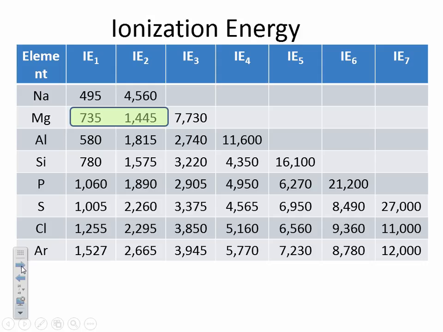So the total amount of energy that's needed to remove 2 electrons is actually 735 plus 1,445. I'm assuming this is in kilojoules per mole, which is going to be 2,180. I'm assuming again, kilojoules per mole, to remove the first 2 electrons.